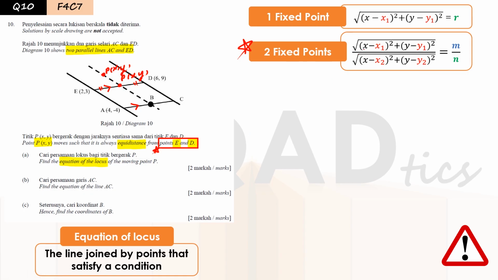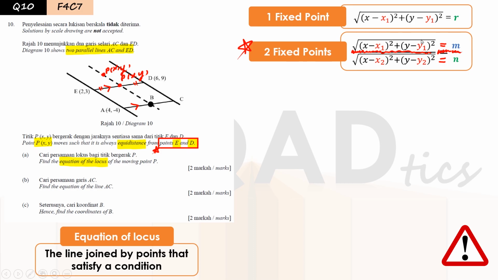So let me remove the line here, between the 2 fractions here, and this equal sign I also remove. Why I do this is because I want you all to see there are actually 2 equations here. Okay, so what do these 2 equations represent? So the first one, which is on top, is actually a distance formula, right?